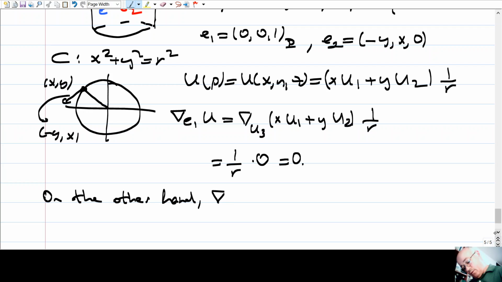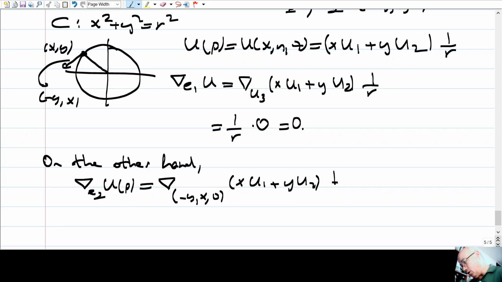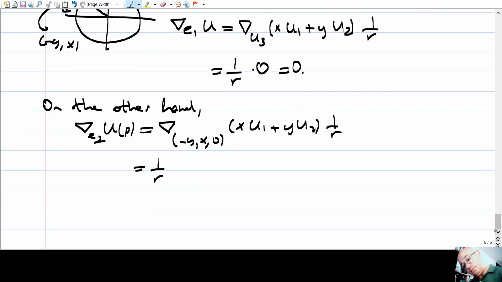Okay, let me do it here. The covariant derivative of U along E2. What is this? Well, E2 is this vector, minus y, x, 0. My vector is just x times U1 plus y times U2, times 1 over r. 1 over r is constant, so it goes out.